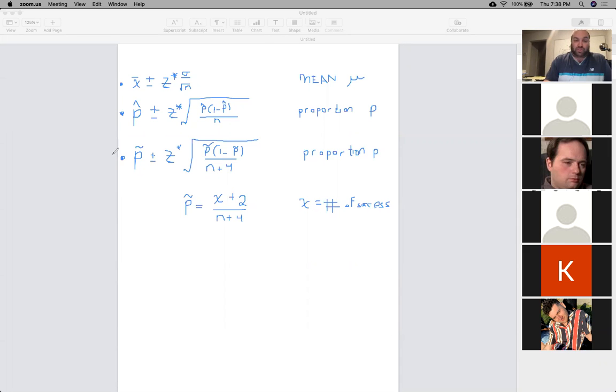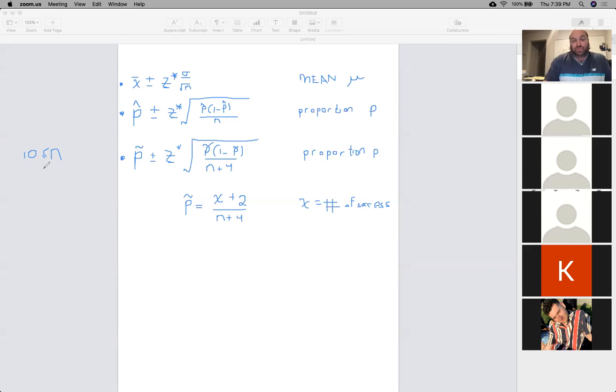When do we use this one? We use this one for small samples. This is when N is greater than or equal to 10. The sample size is greater than or equal to 10, but usually we use less than 30. I want to confirm that's what the book does. So hold on. Oh, yeah, I remember now.